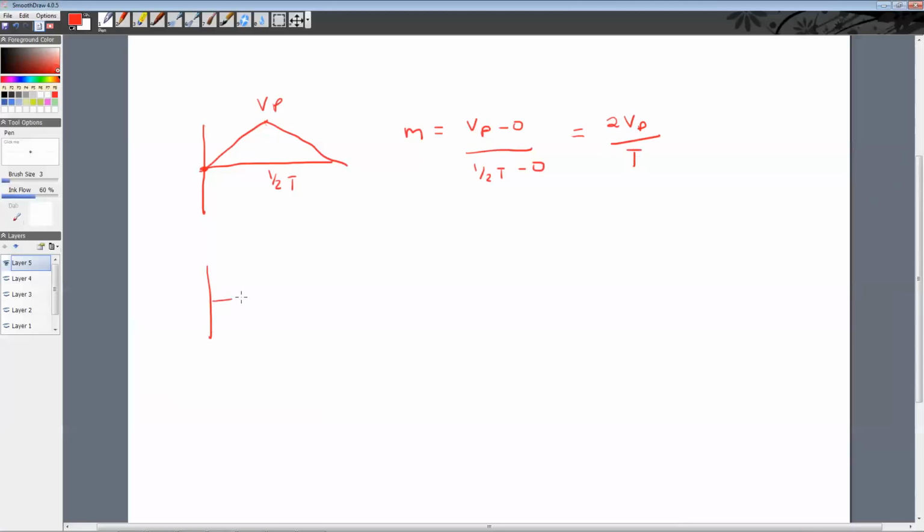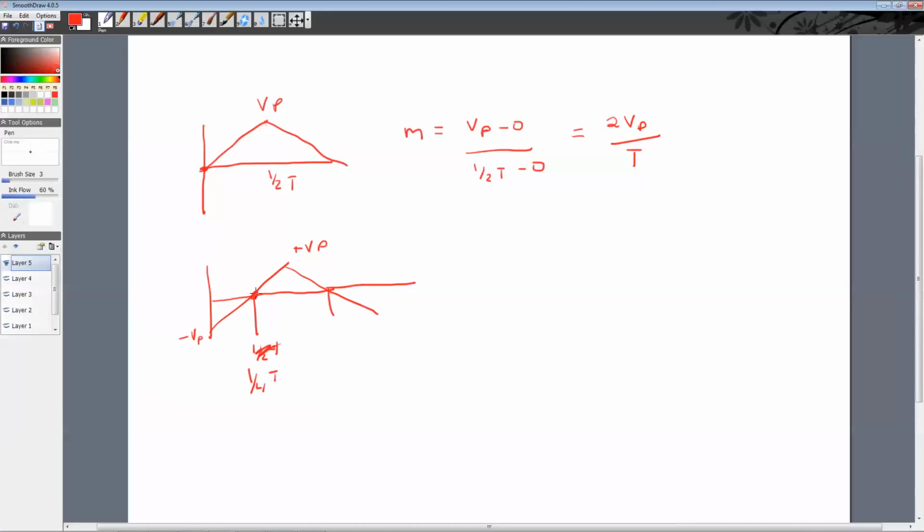Then we have the other problem, right, where I might have used different labels, right? And you can see that's 1/4 t, right?